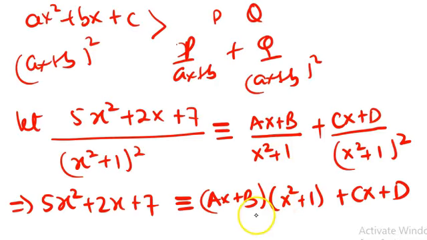There are two ways of getting the constants. You can use the cover rule, or you can expand and then compare coefficients. For this particular question, I want us to use expanding and comparing the coefficients.